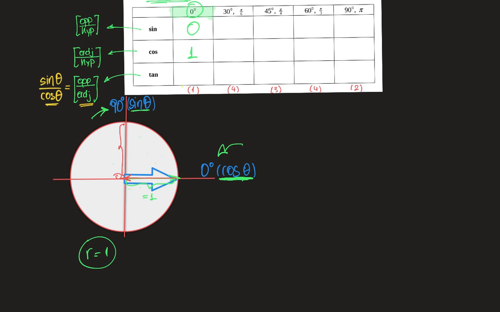And I do know, in my case here, therefore the tangent of 0 degrees is going to be sine 0, which is 0, over cosine 0, which is 1. 0 over 1, that's going to give you equal to what? 0.